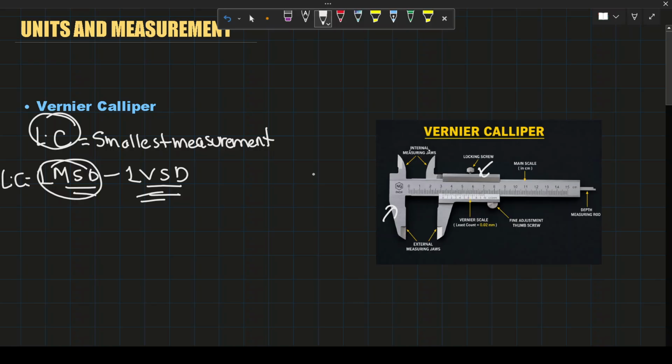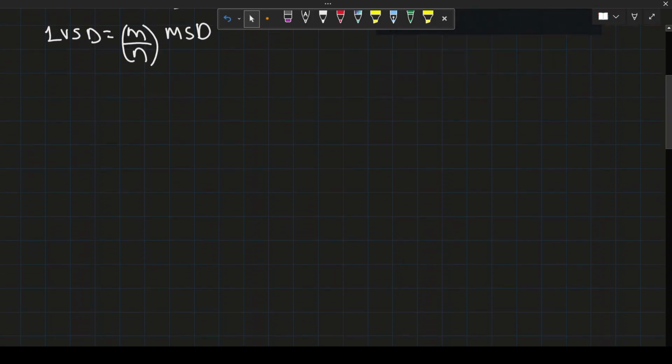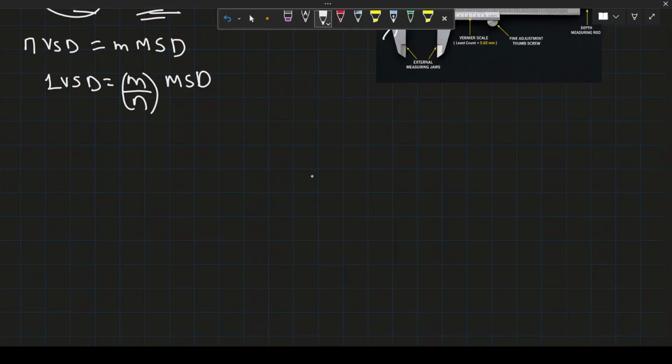What they would give in the question is, let's say, n vernier scale divisions coincide with m main scale divisions. So from here we'll find out 1 VSD would be equal to m by n times MSD.